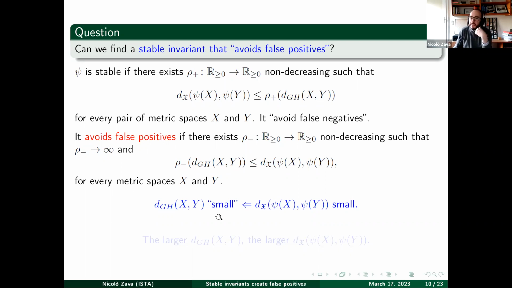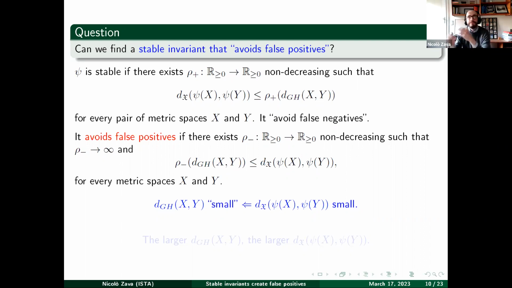Again, in a sense, the inspiration comes from the fact that this inequality implies that if the distance between the invariants is small, then the Gromov-Hausdorff distance between the metric spaces must also be small.